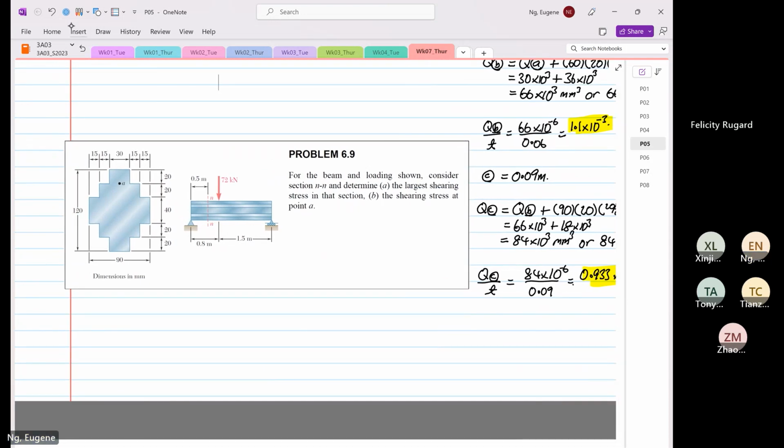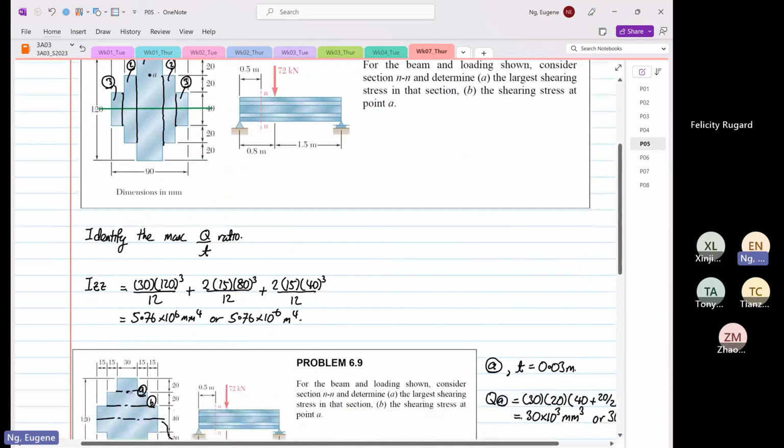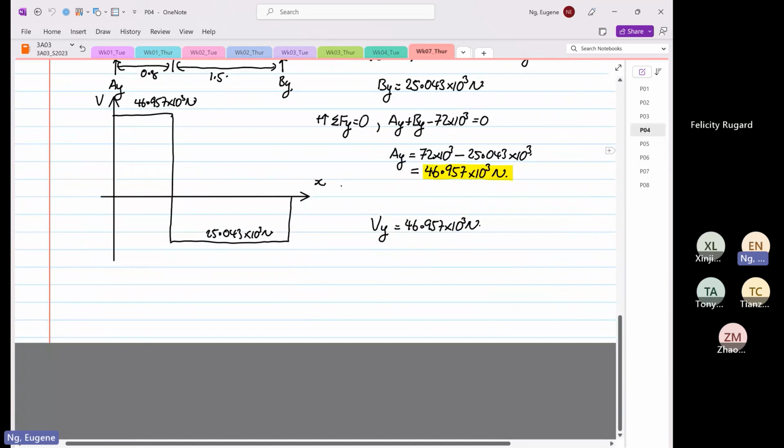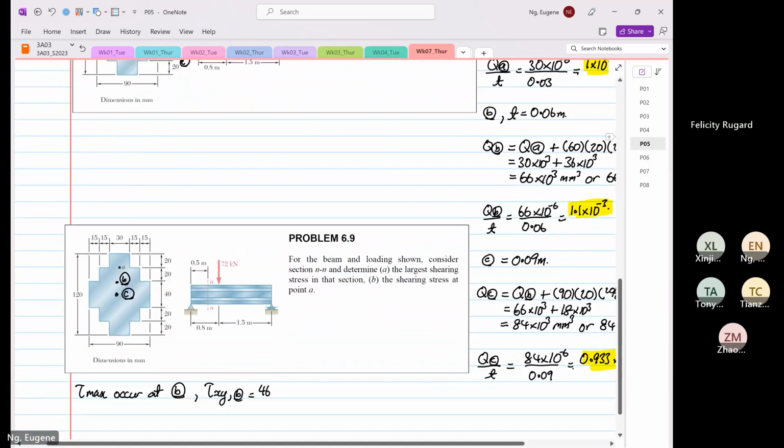So we know that tau max occurs at point B. This is our point A, point B, and at the center is our point C. So therefore, the shear stress tau XY at point B will be equal to, our Vy is 46.957 times 10 to the power 3.